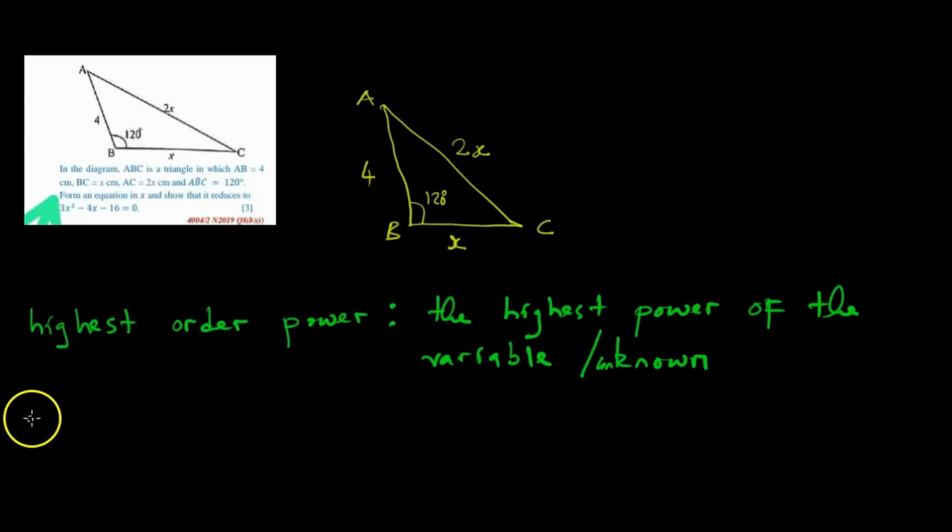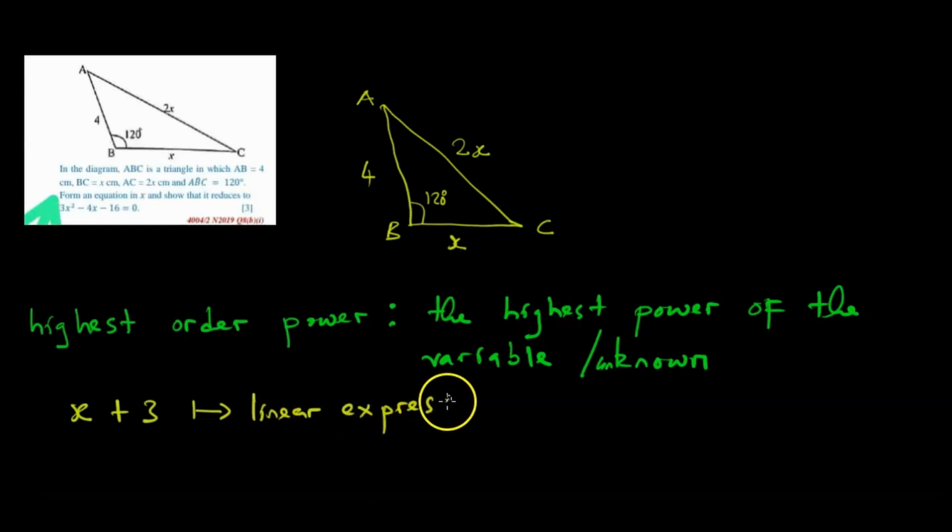So if we have a situation, for example, like just x plus 3, this one is called a linear expression. And why is it a linear expression? Because the highest power of the unknown x is 1. That is why it's called a linear expression.